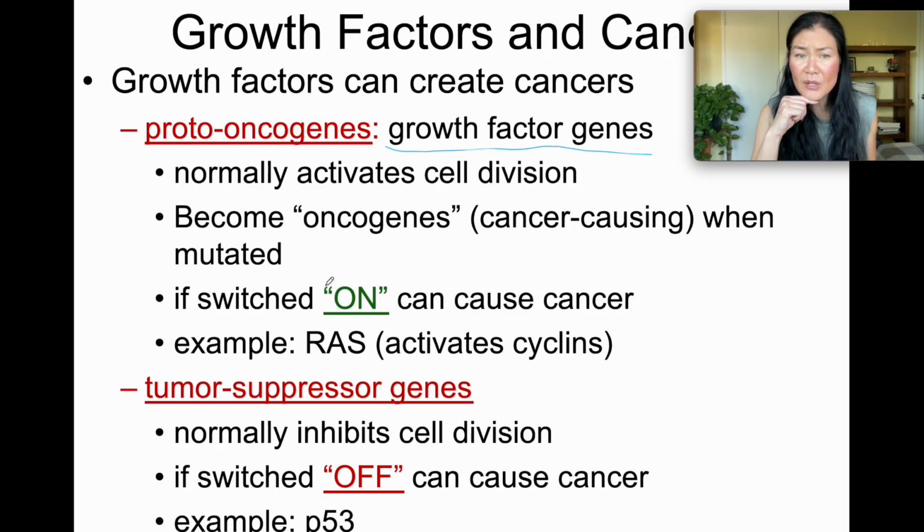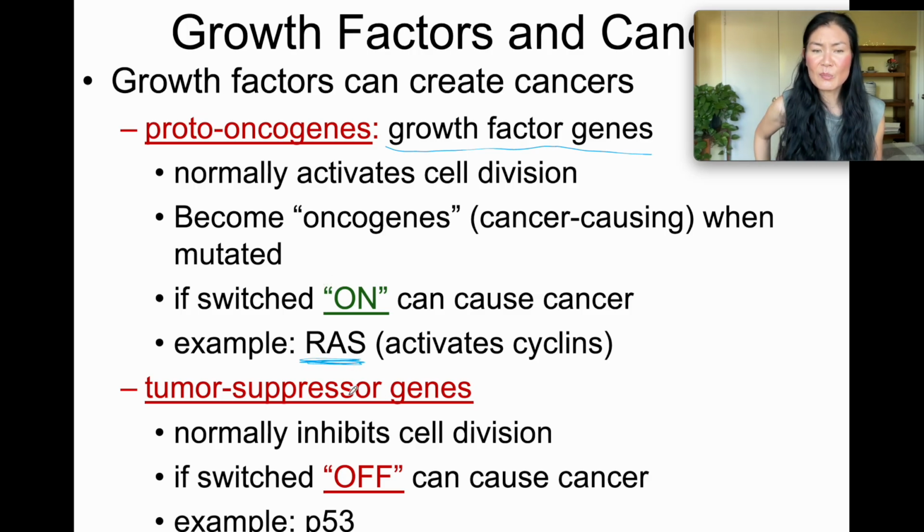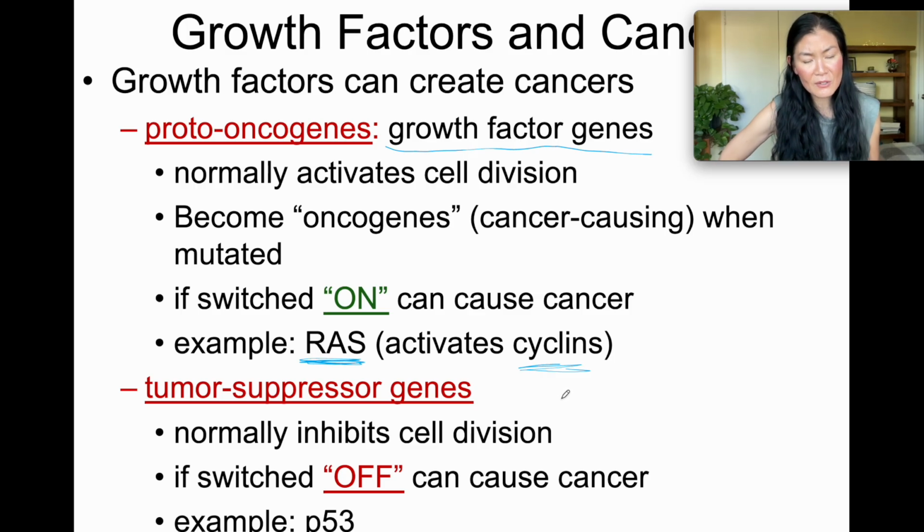An example of a proto-oncogene would be RAS. When it's being expressed, it activates cyclins, and cyclins and CDKs, when they come together, are the go-ahead signals for the cell cycle. And so when it's out of control, you can get tumors growing, which is a type of cancer, right? You also have tumor suppressor genes. Naturally you have these genes that regulate cell division.